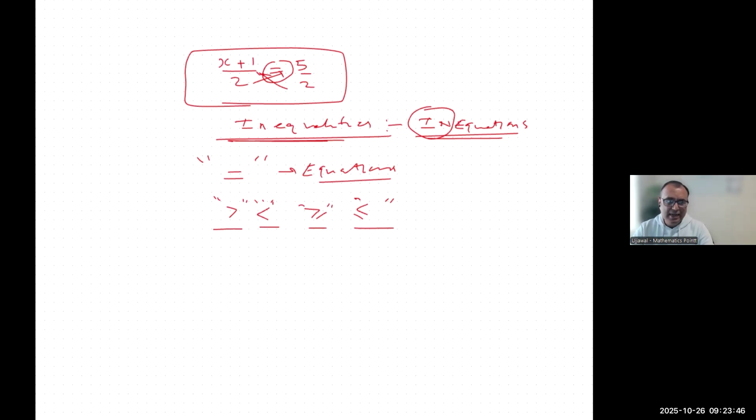But 99% of the time, the rules to solve the inequations are exactly the same as we've been solving equations.